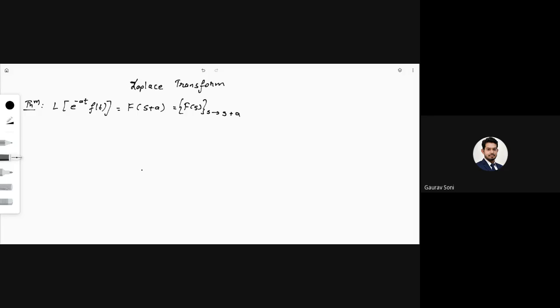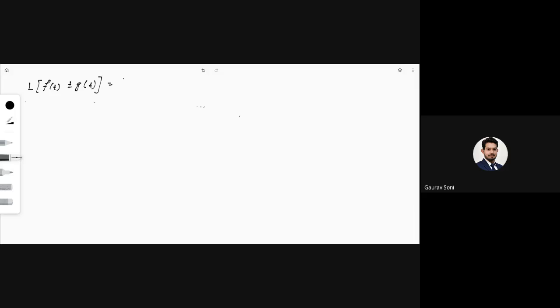Okay. So only one lecture is done on Laplace transform, in which we have found out the properties of Laplace transform, starting from Laplace of 1. So now I will recall all the properties. Laplace of f of t plus minus g of t: the Laplace transform separates over addition and subtraction.